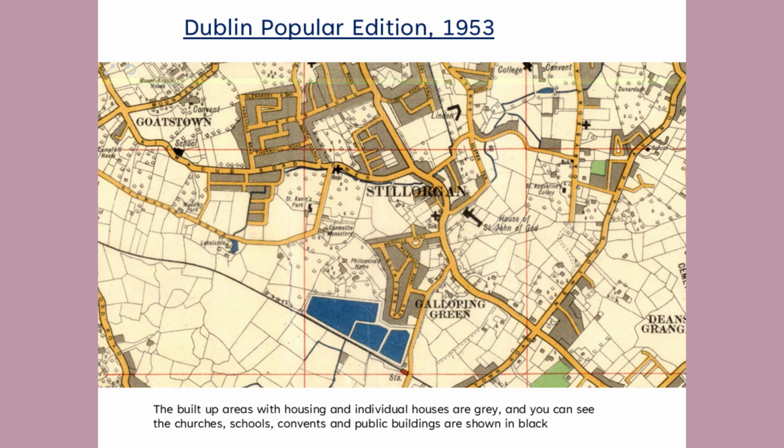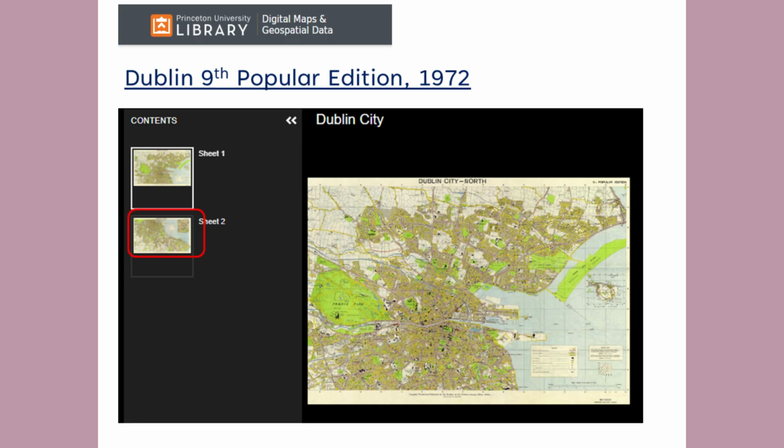So you can see the built-up areas show the housing, and churches and schools and convents and public buildings are all shown in black.